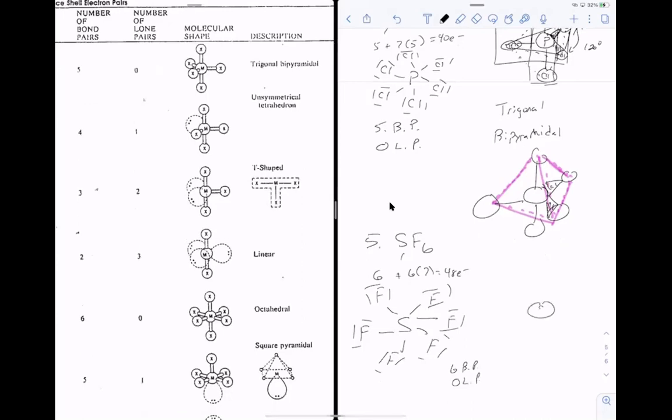And so we have our central atom of sulfur. Here is a fluorine. These things just don't draw well.